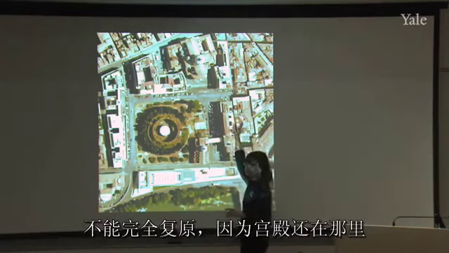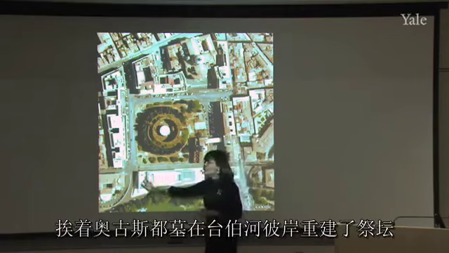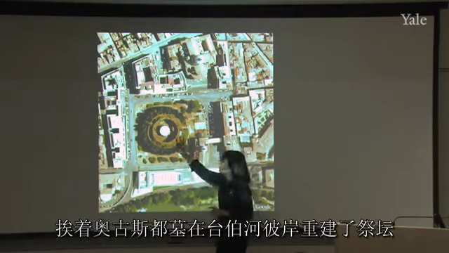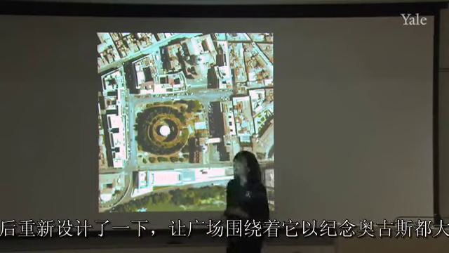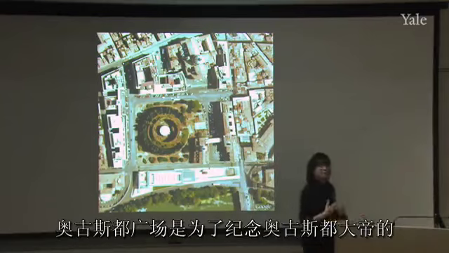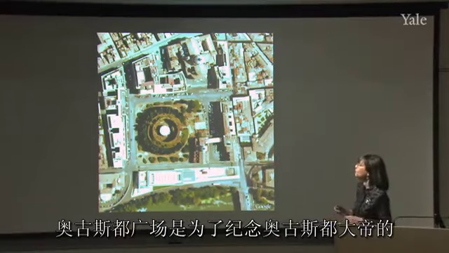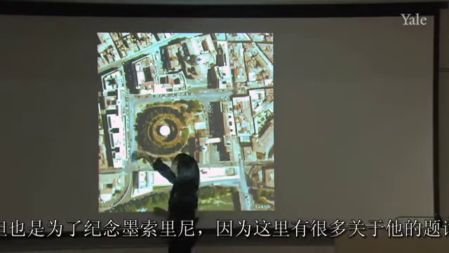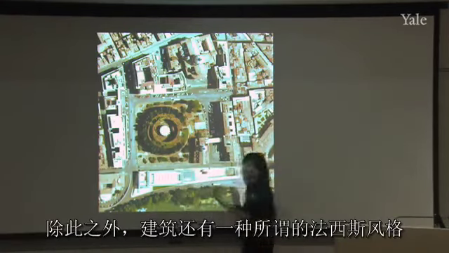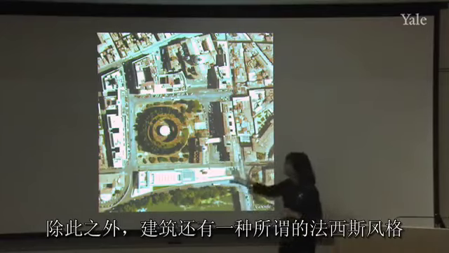Couldn't reconstruct it where it was because that palace is still there now, but reconstructing it right on the Tiber River next to the mausoleum of Augustus, and then having this whole piazza redesigned as the piazza honoring Augustus, the Piazza Augusto Imperatore, honoring Augustus, but also honoring Mussolini, because there's a major inscription to Mussolini, as well as buildings very much in the so-called fascist style.